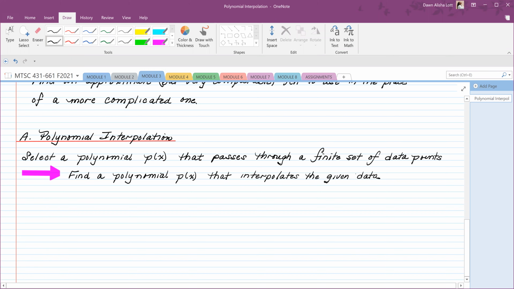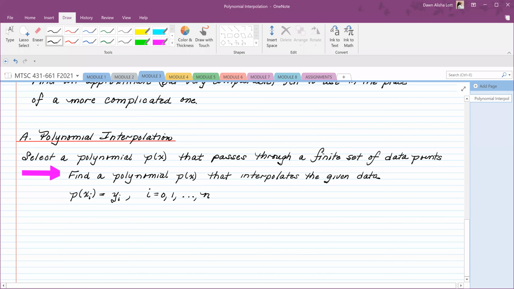So this polynomial I'm going to create, P of any xi, is going to be the yi value that the function has already associated with it. i goes from 0 to n, okay?